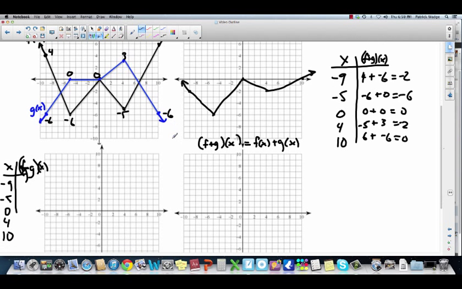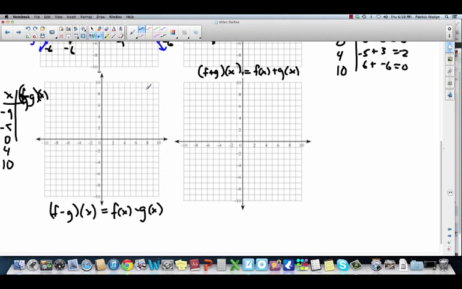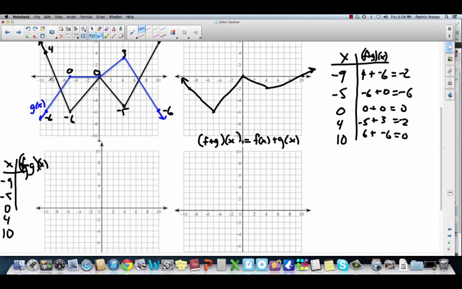Okay, so what we're doing this time is f take away g of x, which is the same as f of x take away g of x. What's f of x when x is -9? When x is -9, f of x, or the output, is 4. So we have 4 take away, what's the output for g of x? -6. That equals 10. I'll go back and graph them all later.